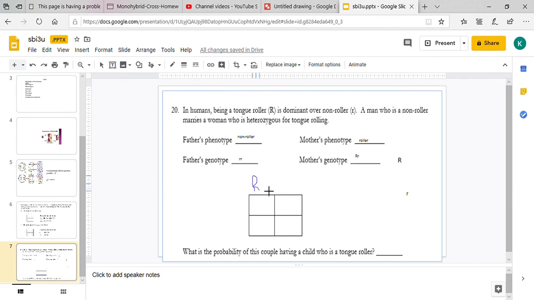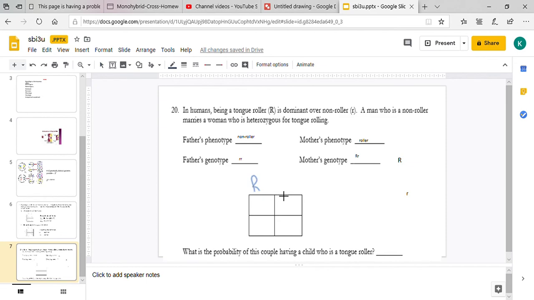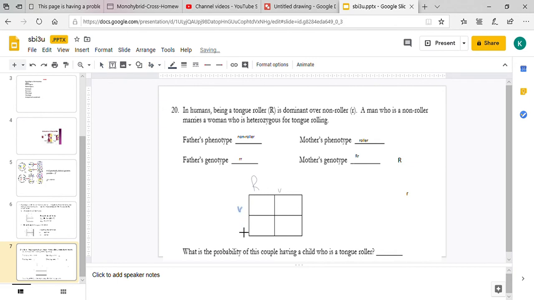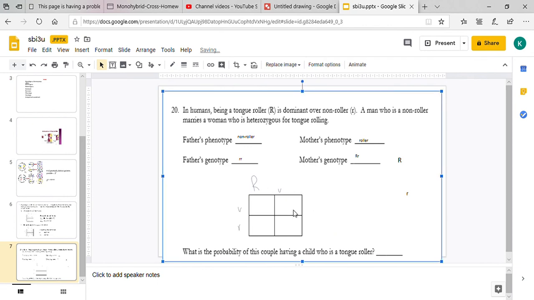Here's my R, and the mother also has a lowercase r, meaning she is heterozygous, but I want you to imagine this is an R. And the father is a lowercase r and lowercase r. Okay, that looks better. Now, once they have kids, I have to do this in one go.